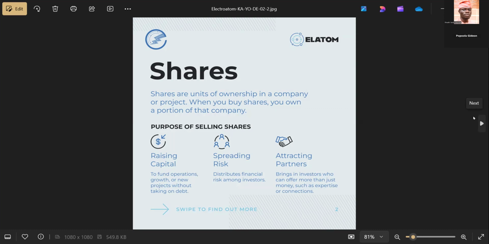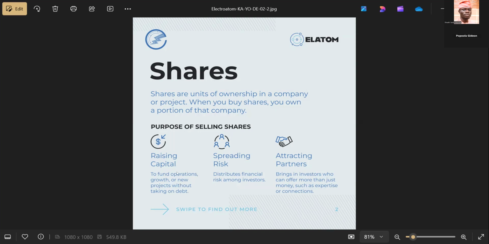So the reasons why we are selling shares of Elatom is for us to raise enough capital and to fund our operational growth, and to avoid being in debt. We don't want to be in debt. We sell the shares so you have a say in our company, and you also are able to earn more and you learn more. In Elatom, you learn and you earn. We teach you and you still earn.